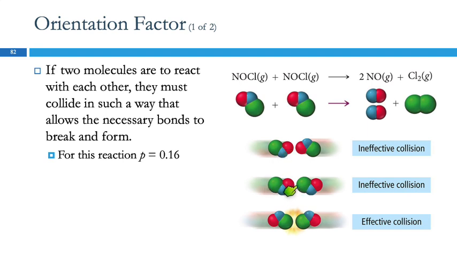If they bump like that, nothing's going to happen. Just like in the derby, if you're crashing into somebody's trunk, you're not really messing their car up, and you might actually be messing up your engine because your engine is in the front, right? It has to be the correct orientation. So the 2 chlorines in this example have to hit in order for a reaction to occur.